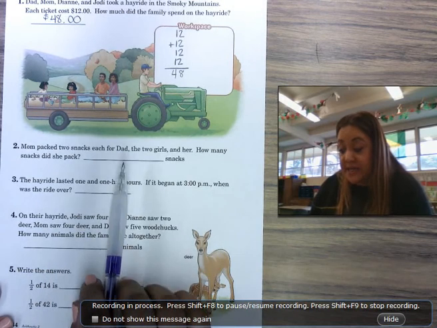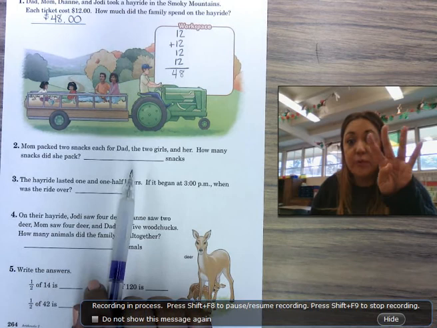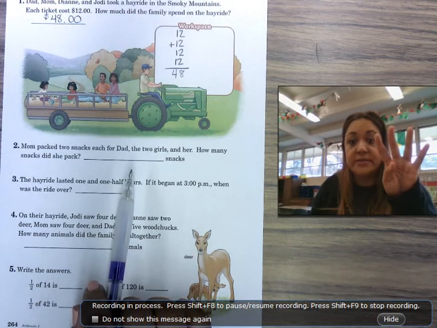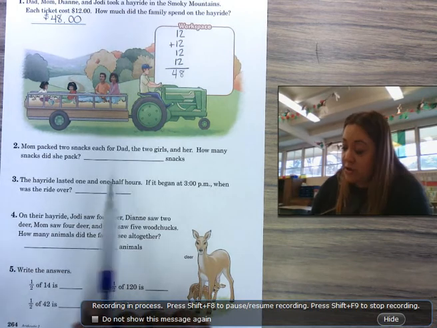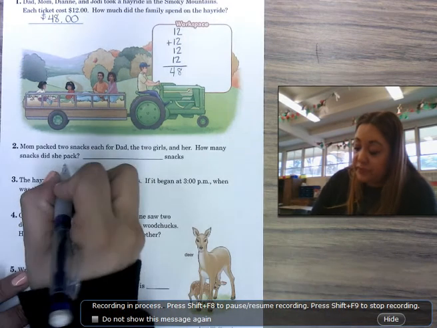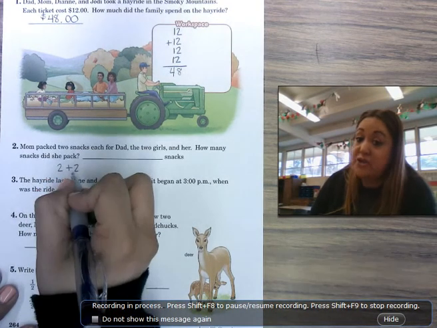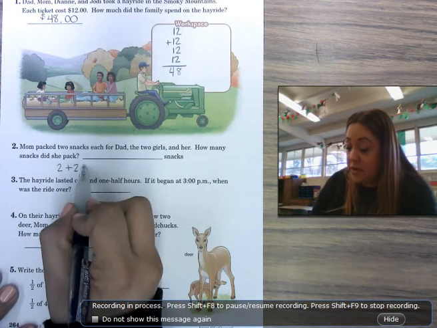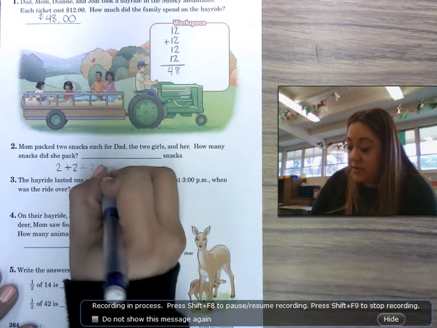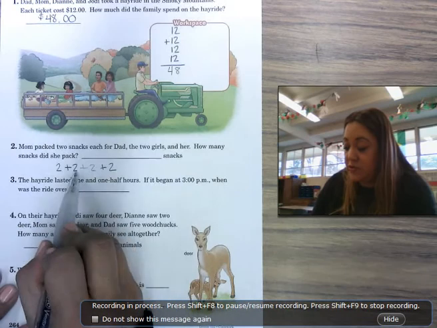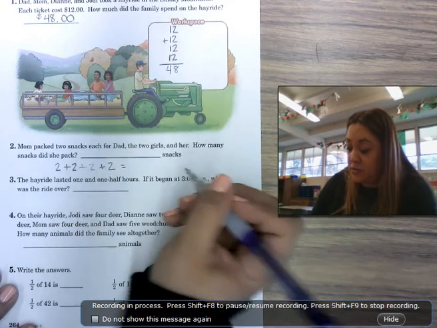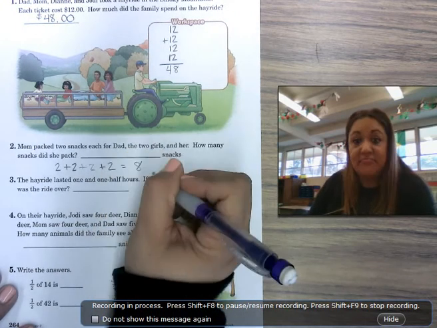There's 4 people, 2 snacks. Okay, so I can do 2 plus 2. I'm going to do that 4 times. 2, 4, 6, 8. Ooh, 8 snacks. That's pretty good. So let's write down 8.